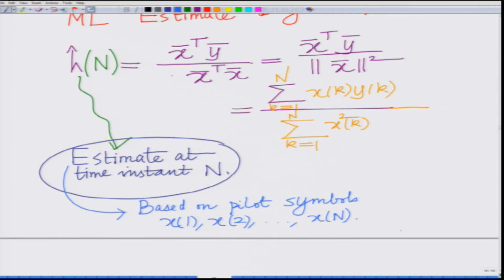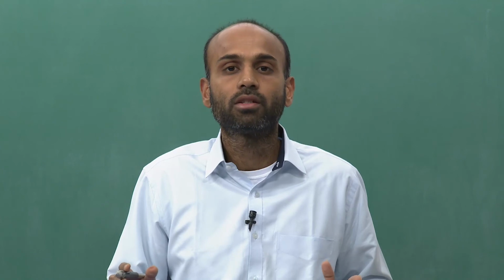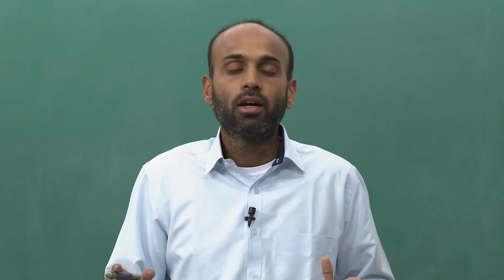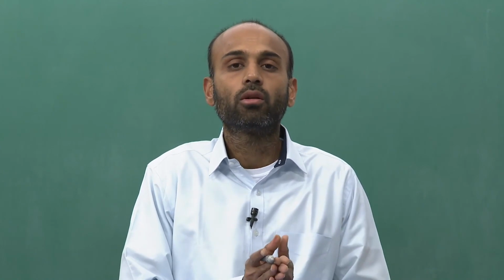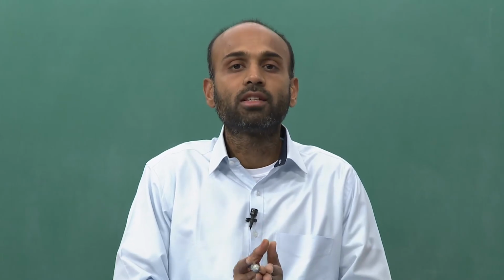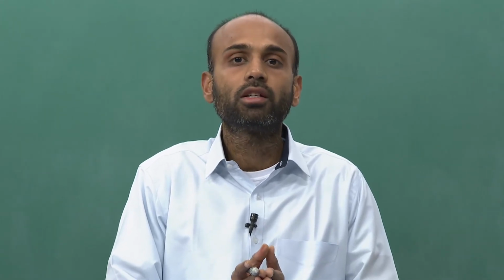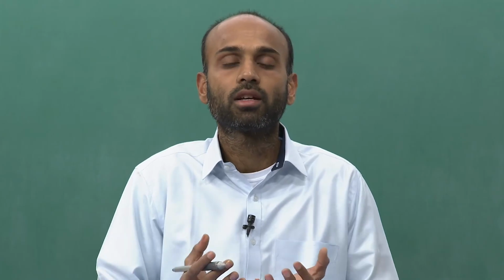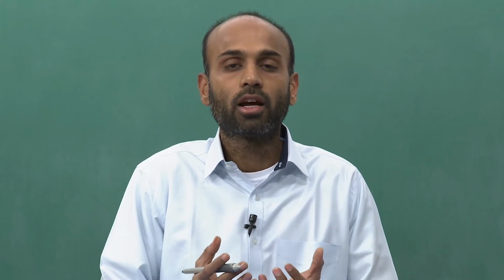So, what we are saying is this estimation, in the sequential estimation scenario, is a continuous process. At each time instant we are going to update the estimate corresponding to that time instant. Basically, as the pilot symbols and pilot outputs are arriving, we are going to continuously keep updating our estimates.